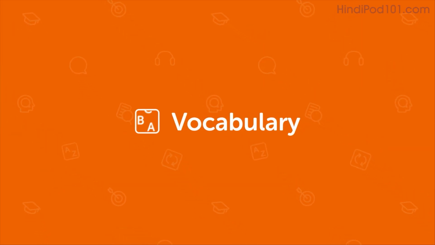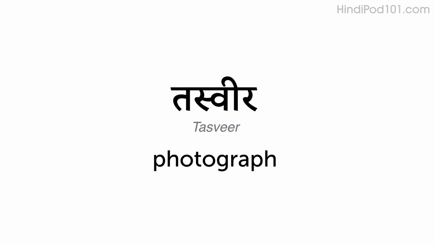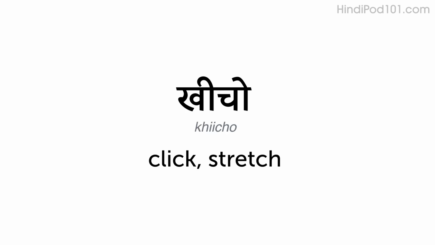Now you'll hear the key vocabulary, followed by the English translation. यहाँ: Here. तस्वीर: Photograph. खींचो: Click.